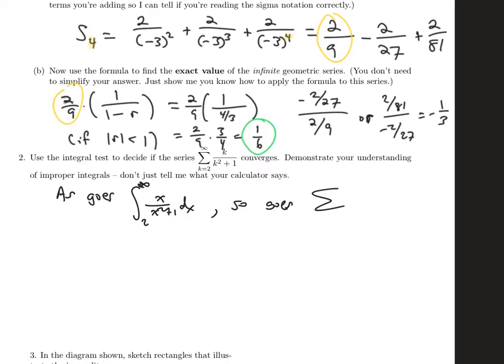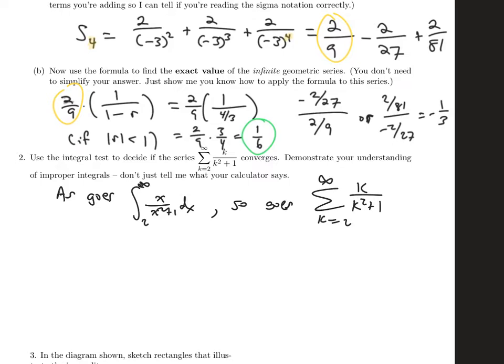I say it like that because they're not equal, but if one of them is convergent, then the other one has to be convergent. And if one's divergent, then the other one has to be divergent. So as long as we can find the antiderivative for the integral, then we can see whether that's a finite number or not, and that'll tell us whether we should expect the summation, the series, to be a finite number or not.